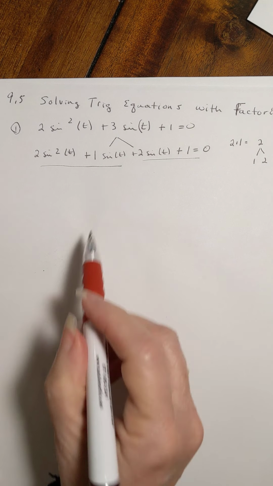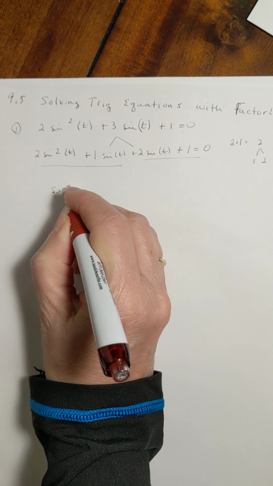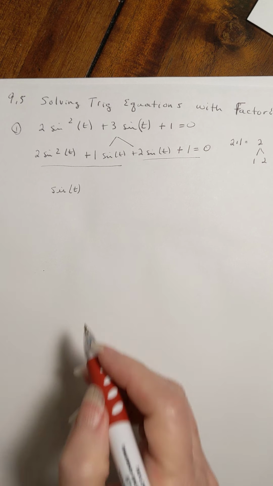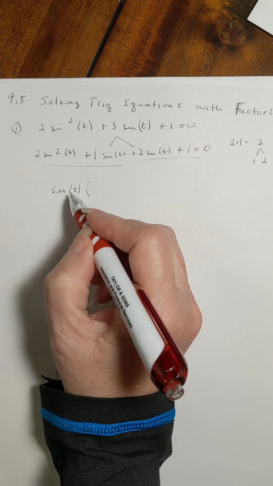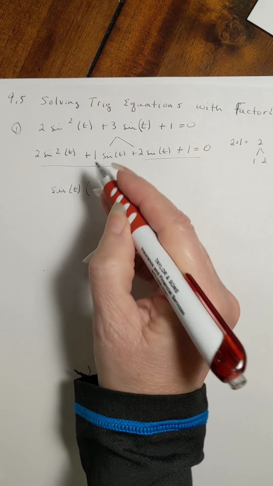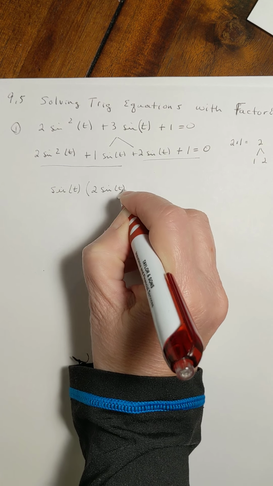Looking at my first 2 terms, I have a common factor of the sine of t. If I factor out that common factor, sine of t into 2 sine squared of t, this sine of t cancels with one of those sines of t's, and I'm left with 2 sine of t.